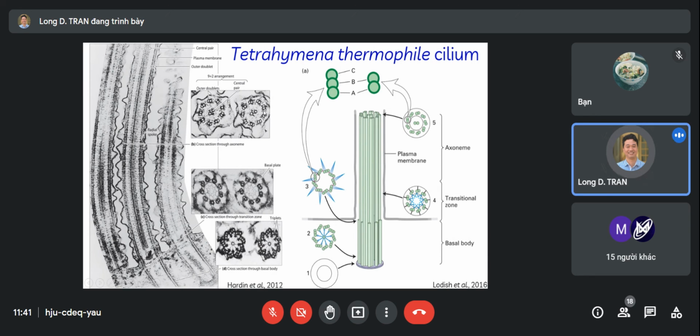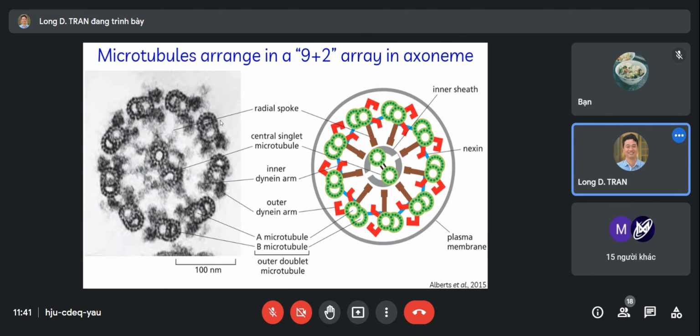Here we have some short parts, these are dynein. These are dynein hands. Probably it's easier to look at the illustration here. These are dynein hands on a microtubule A, attached to microtubule A, and they will interact with the microtubule B in the next doublet.